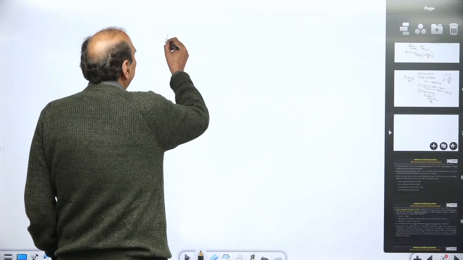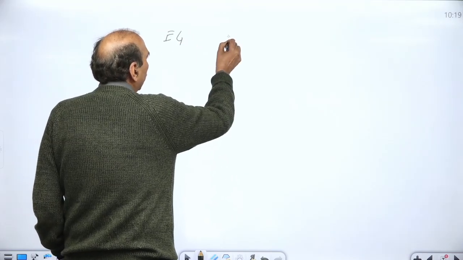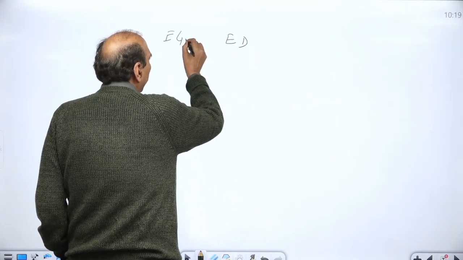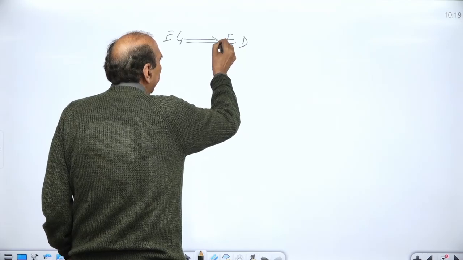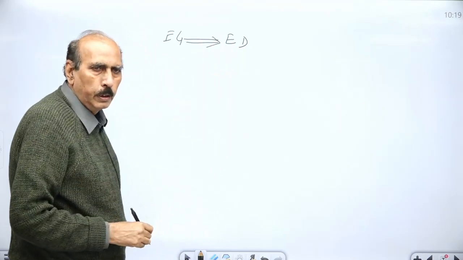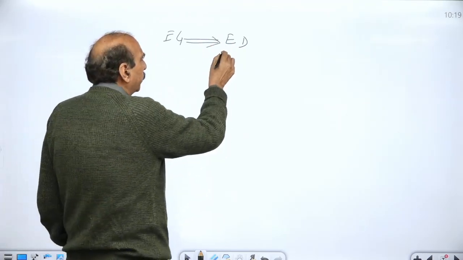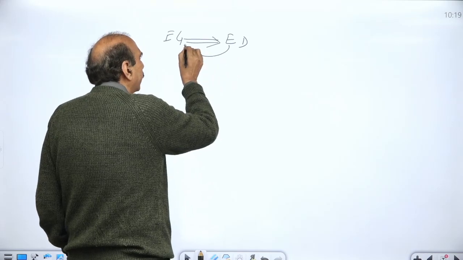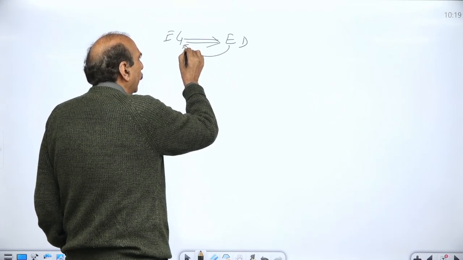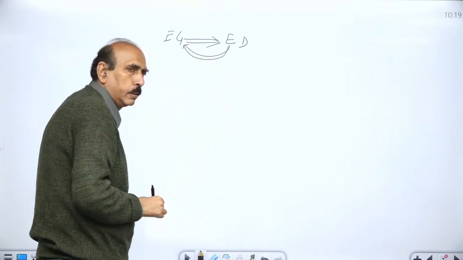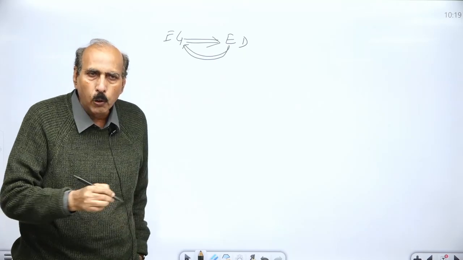We know that economic growth and economic development. Economic growth is necessary for economic development. And when economic development is taking place, it will further enhance economic growth also. And therefore, they are reinforcing each other.